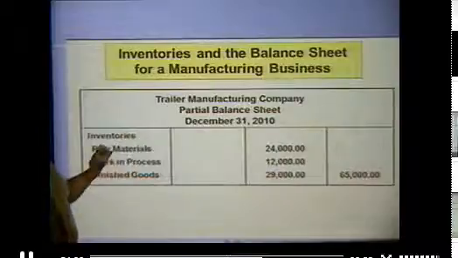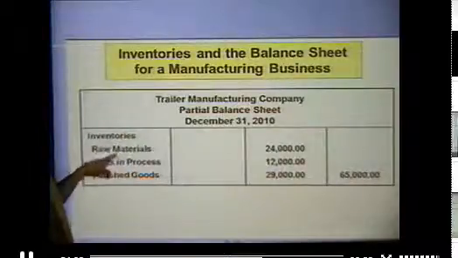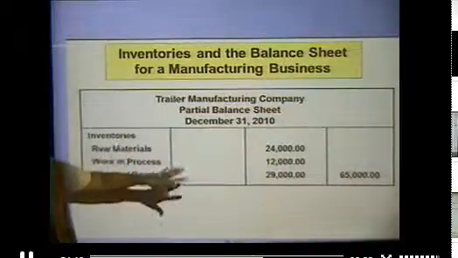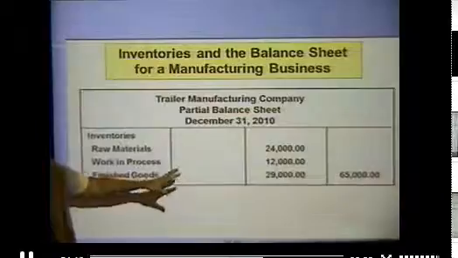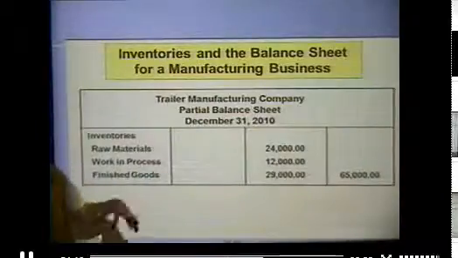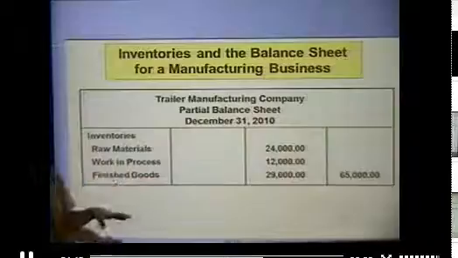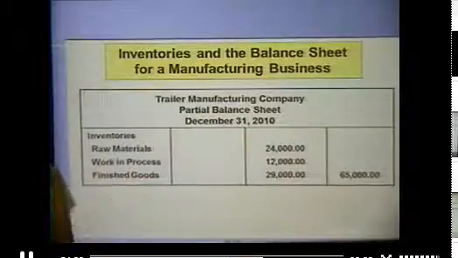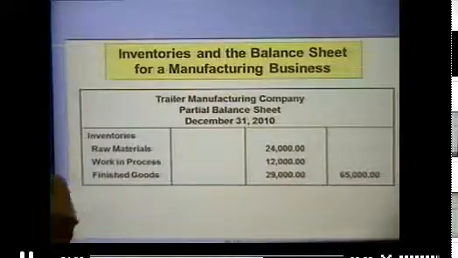So we have to count. We've got work in process inventory, what's still in there, and then we've got finished goods inventory. So we keep up with those on our balance sheet. We show all three inventories and what's in them on that day and time. Make sense? Instead of one, we got three.